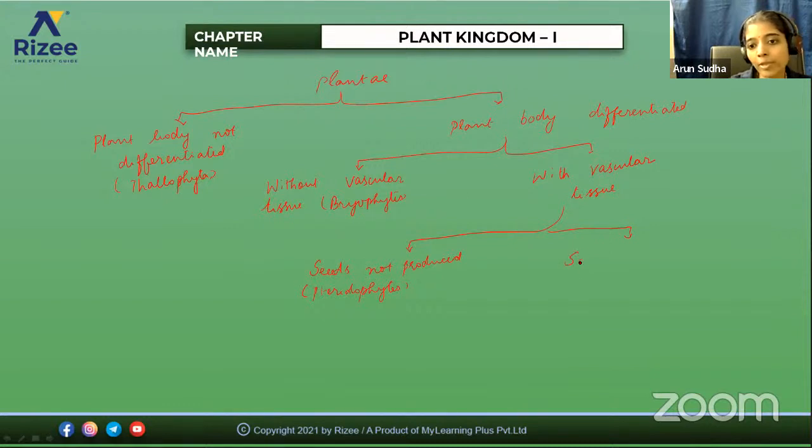And here seeds produced, or you can call it phanerogams. Under this, we can again classify it into naked seeds, that is gymnosperms, then into covered seeds, that is angiosperms.